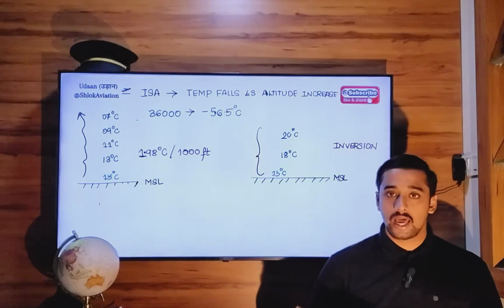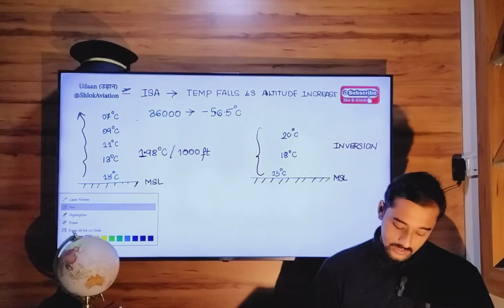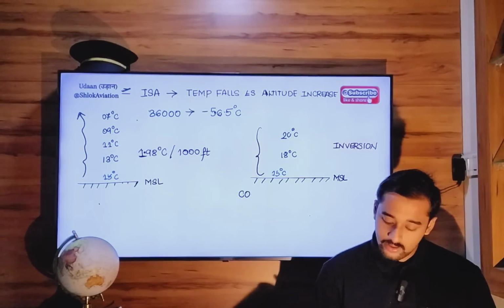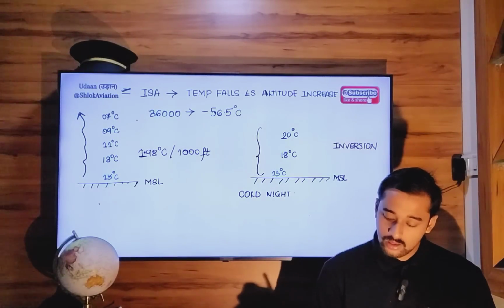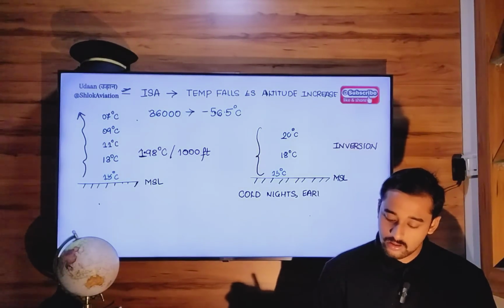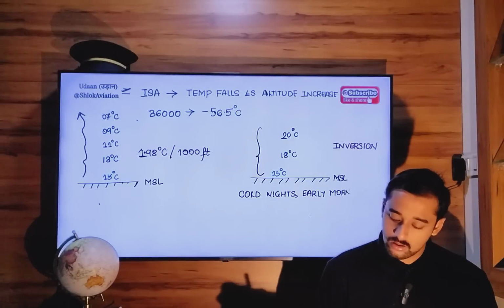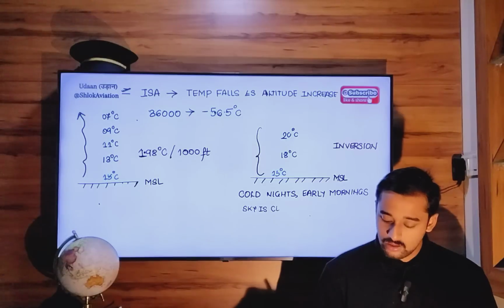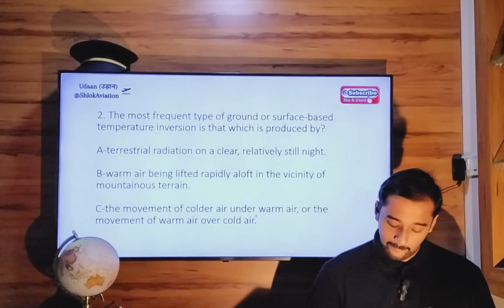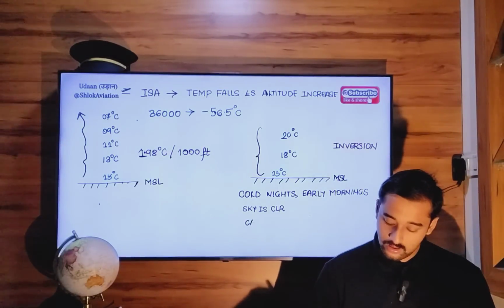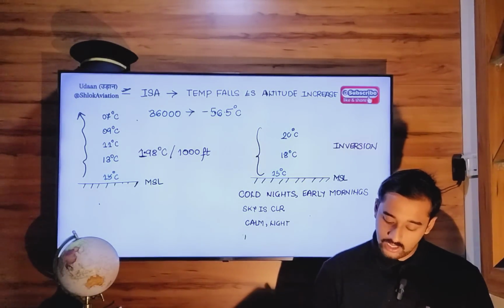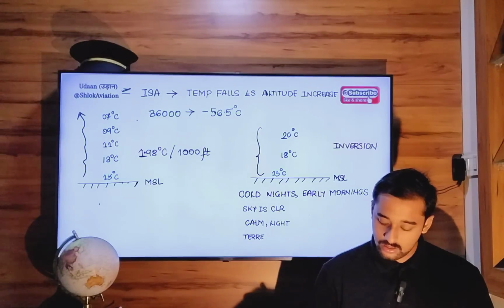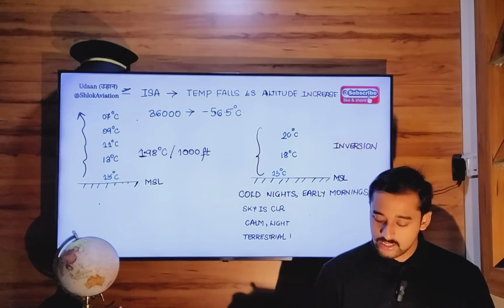Now why does this inversion happen? Inversion happens on very cold nights, early mornings, when the sky is clear, surface winds are calm, light, and terrestrial radiation is maximum.